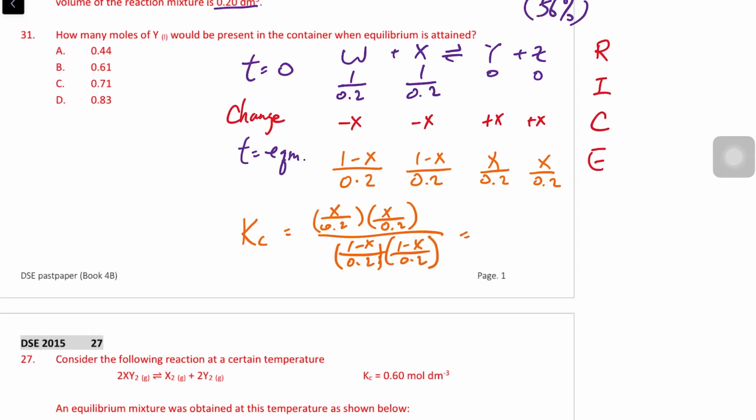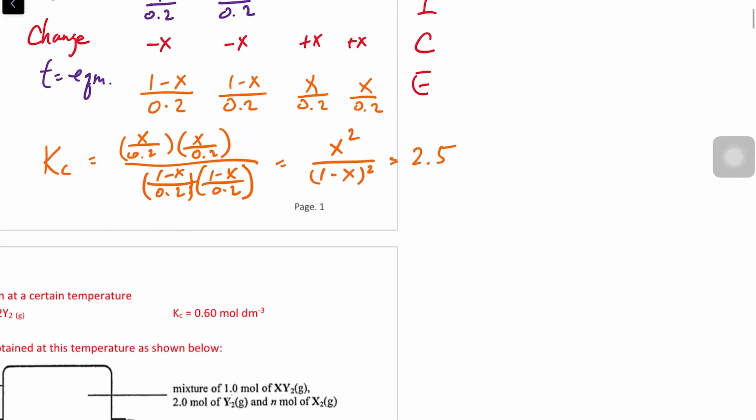Now, further elimination, that is x squared over (1 minus x) all square equals 2.5. Now let's see if we can do something. We take the square root of 2.5, which is 1.58.